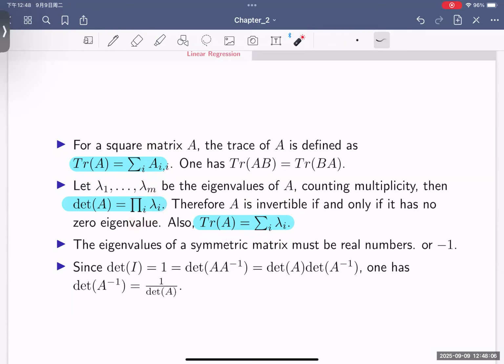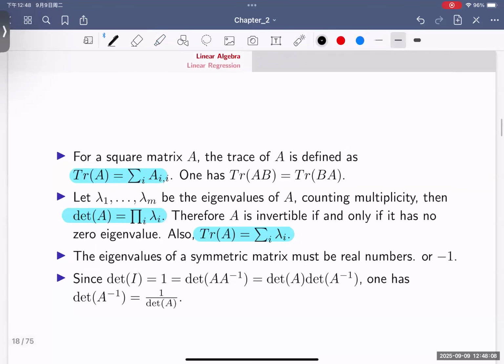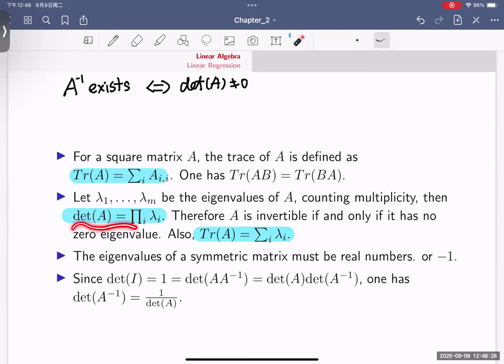As we mentioned earlier, when we say A inverse exists, it stands for A being invertible, which holds if and only if the determinant is non-zero. And we also know that the determinant of A is the product of the eigenvalues.